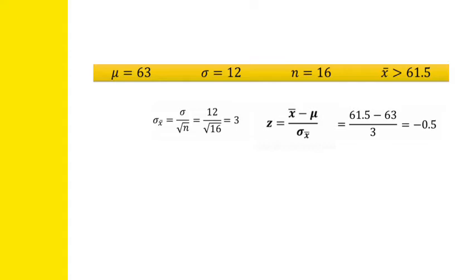So, we can apply the Z formula for the sampling distribution of the mean. The standard error is 12 divided by root 16, which gives 3, and the Z score is 61.5 minus 63 divided by 3, which gives negative 0.5.